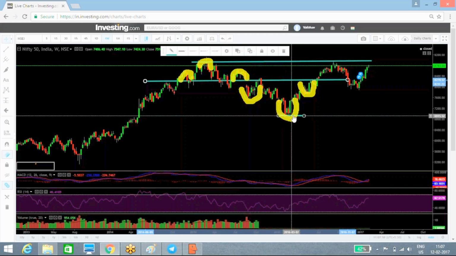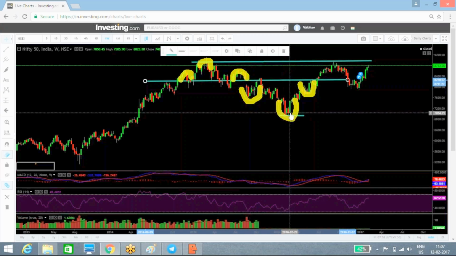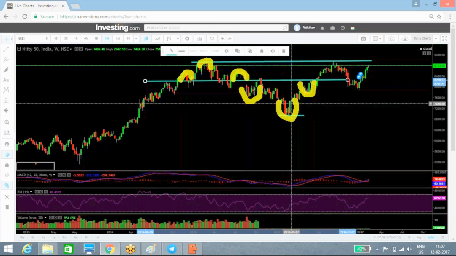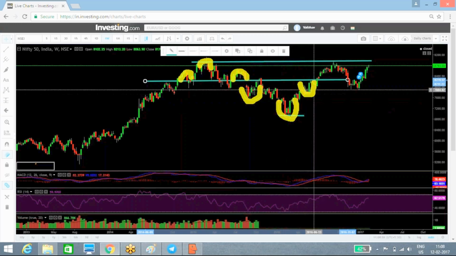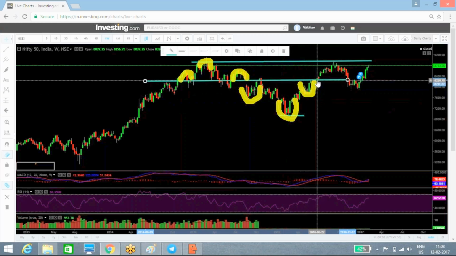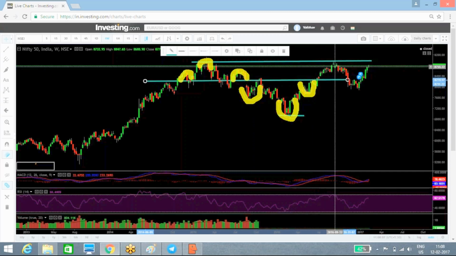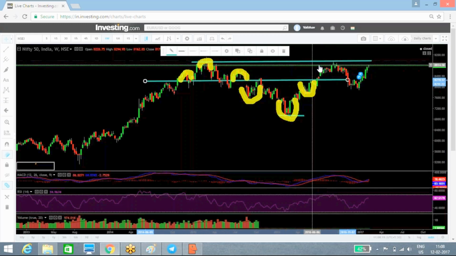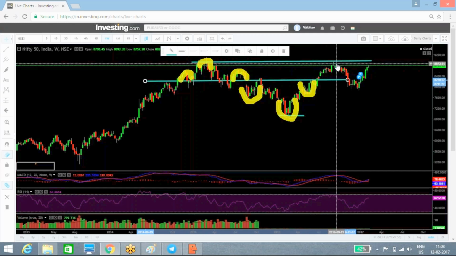These 4 weeks it took support here, and that's why we saw a big rally, and then it formed the shape of again an inverse head and shoulders, and on the breakout of this neckline, it moved up. But now what we are seeing is that it moved up to the level where the earlier resistance was in 2015. We are facing that same resistance in 2016 after 1 year.